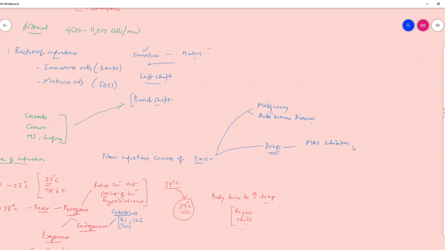The examples could be imipramine, amitriptyline, nortriptyline. These are tricyclic antidepressants.